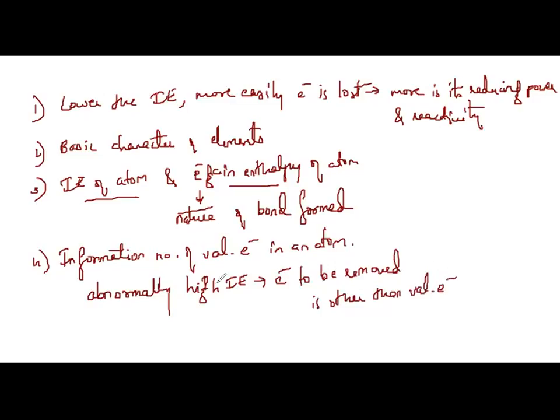So you can predict how many valence electrons an atom has by looking at the ionization energy. So this is the significance.